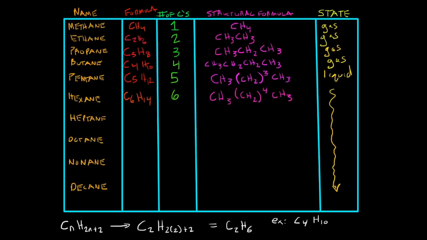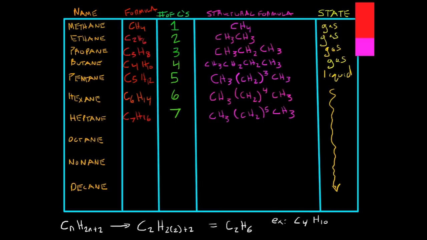Then next we have heptane. Hepta is 7, so heptane is C7H16. You can see that these are adding by 2s every time the carbon count adds by 1, so it's fairly simple to keep track of that. And in here we have CH3, CH2 to the 5, and CH3.